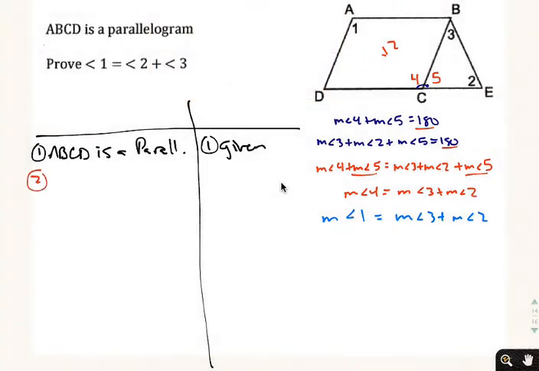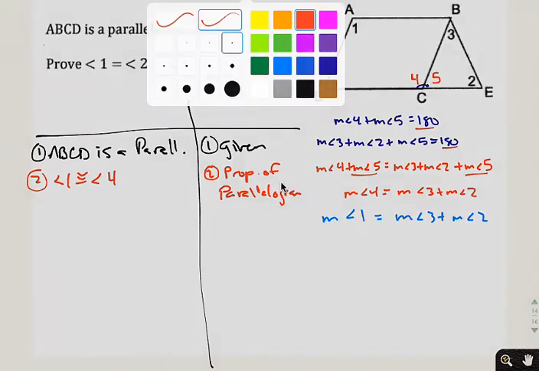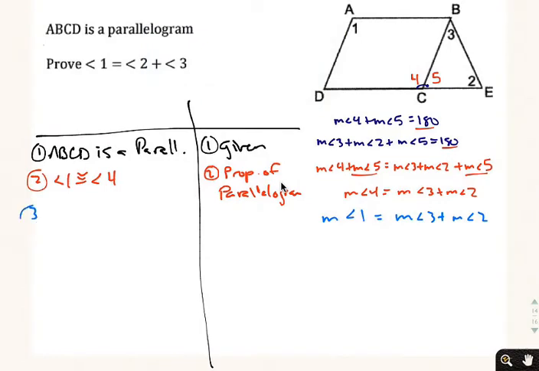So immediately, if you're looking at my diagram, and that's a congruency sign gone bad, we have angle 1, which is congruent to angle 4, and that's because it's given as a parallelogram, or simply a property of a parallelogram. Okay, so now we can start writing these in together, but before we do that, let's convert it to a measurement. The measure of angle 1 is equal to the measure of angle 4, and that's going to be the definition of congruency.